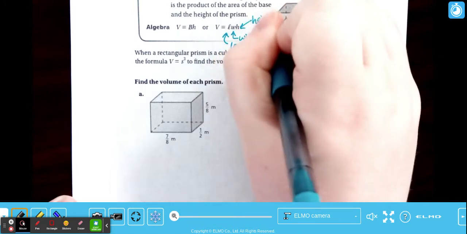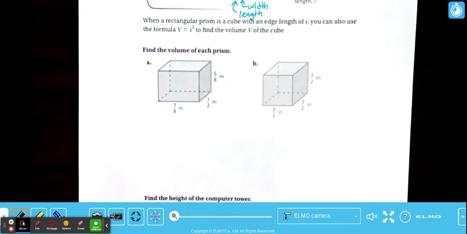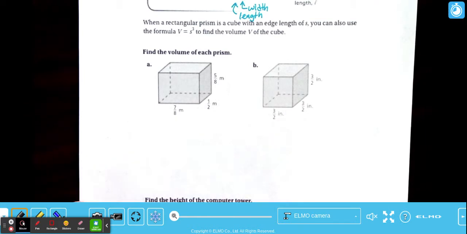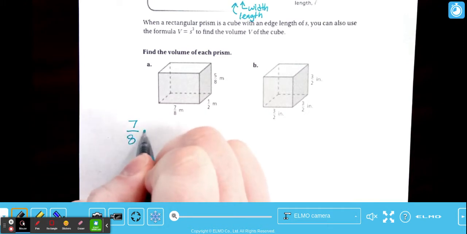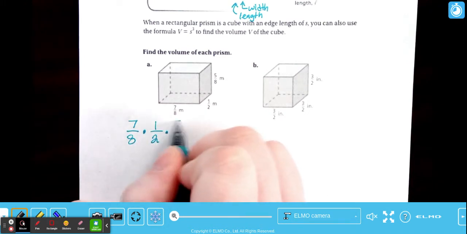So again, knowing that I need to multiply those 3 numbers together to get my volume, what am I going to multiply together? Length times width times height. There should be 3 things I'm multiplying together. So we have 7/8 times 1/2 times 5/8.